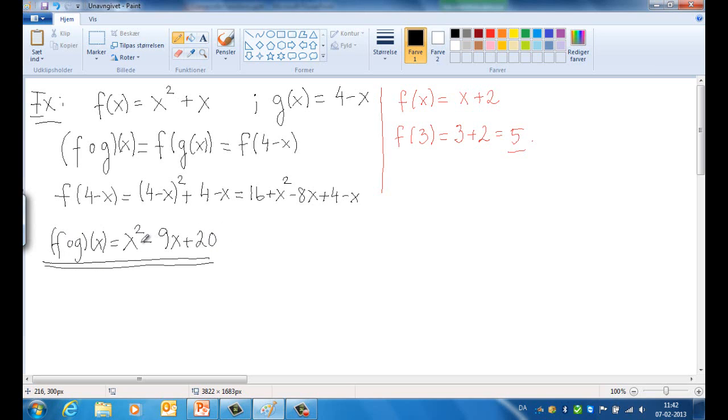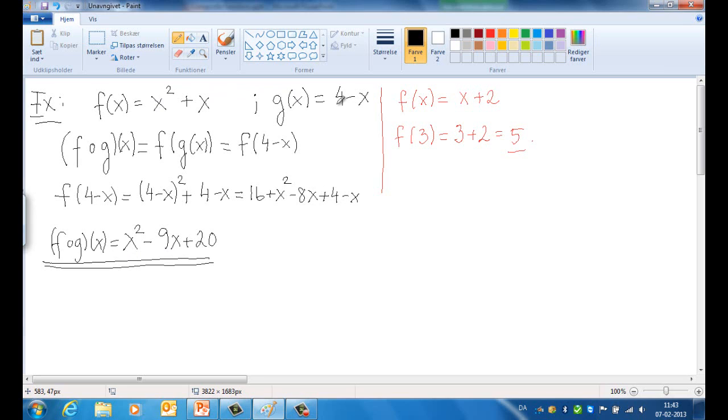So now we have found the expression for the composite function f of g of x to be x squared minus 9x plus 20. A totally new function, created by the two initial functions f(x) and g(x).